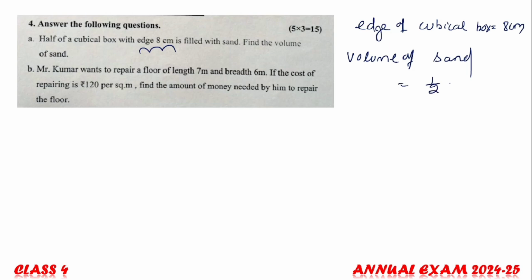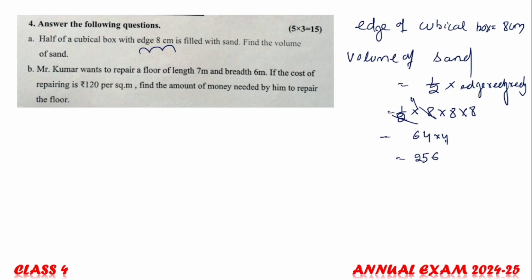So half into volume, that is edge into edge into edge. So 1/2 into 8 into 8 into 8. So 2 fours are 8, 8 eights are 64 into 4. So 4 fours are 16, 25. So the answer is 256 cubic centimeter.